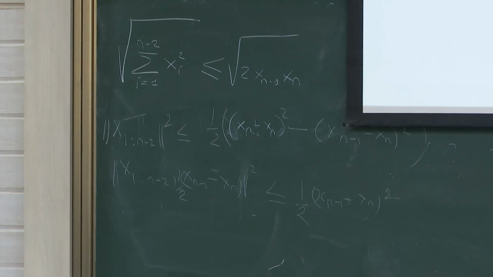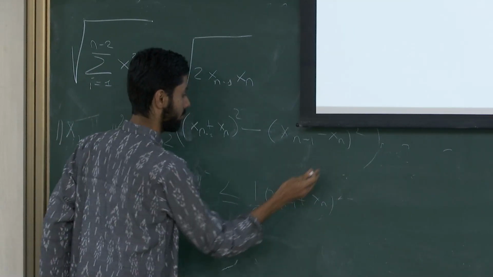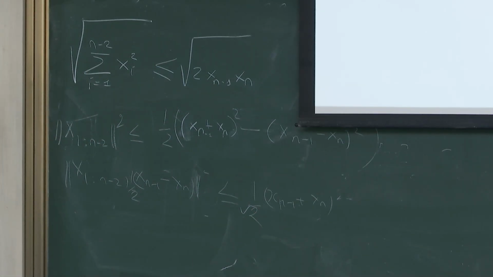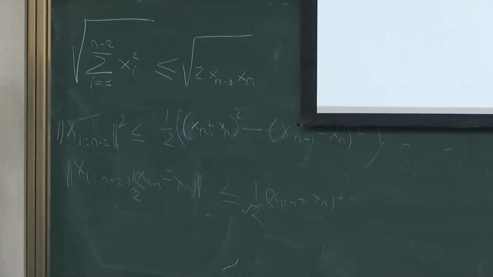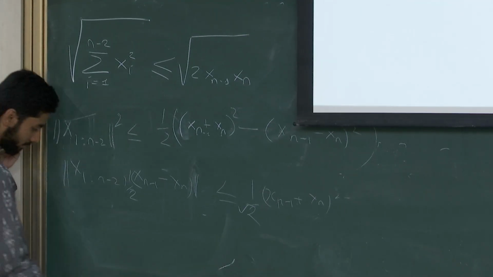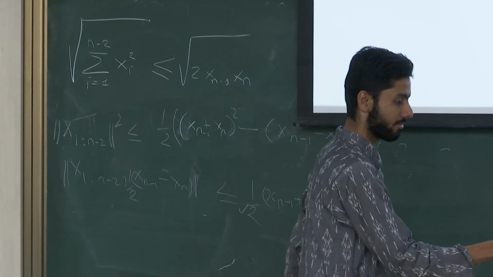Yeah, so you take the square root of that, and then you can write it. Right. Exactly. Do you agree? Do you have a better way? But I think this is correct.